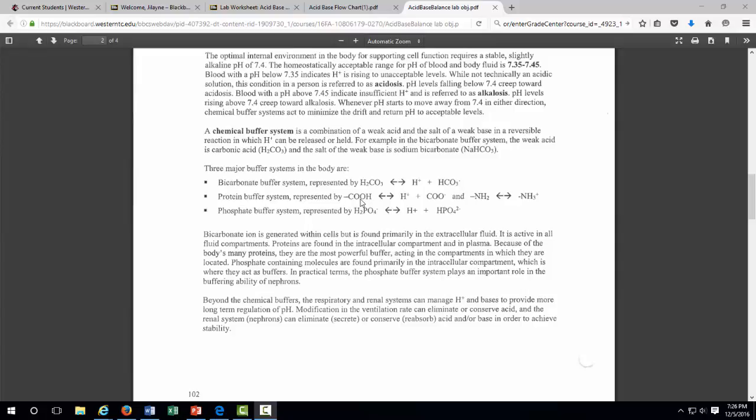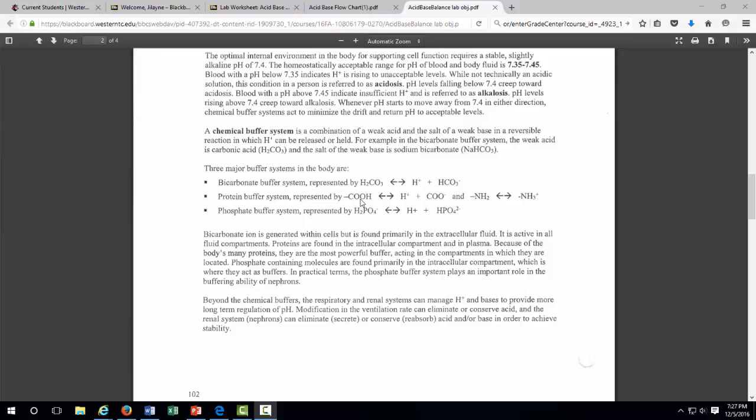So those are basic things, right? That side can bind up excess of that. And the other side, the COO minus, can bind up positively charged ions. What's the number one positively charged ion that influences pH? It's a direct measurement of its concentration. Hydrogen ion. Okay, so that's how those proteins work. It just shifts the charge to bind those ions depending on which is in excess.